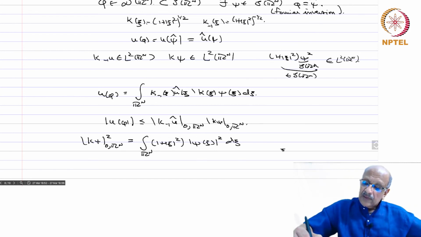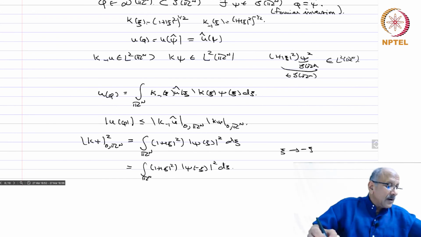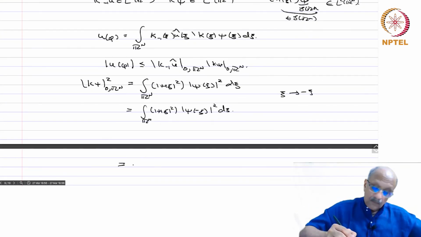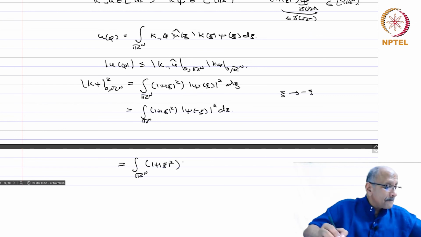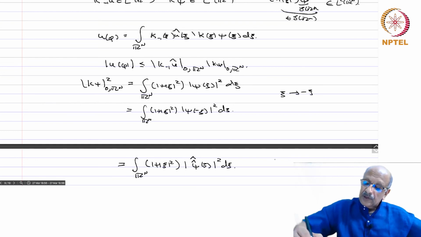Now if I change the variable ξ to -ξ, I will again get the integral over Rⁿ of (1 + |ξ|²)|ψ(-ξ)|² dξ, which is equal to the integral over Rⁿ of (1 + |ξ|²)|ψ̂̂(ξ)|² dξ, because by Fourier inversion, f double hat of ξ is nothing but f of -ξ.